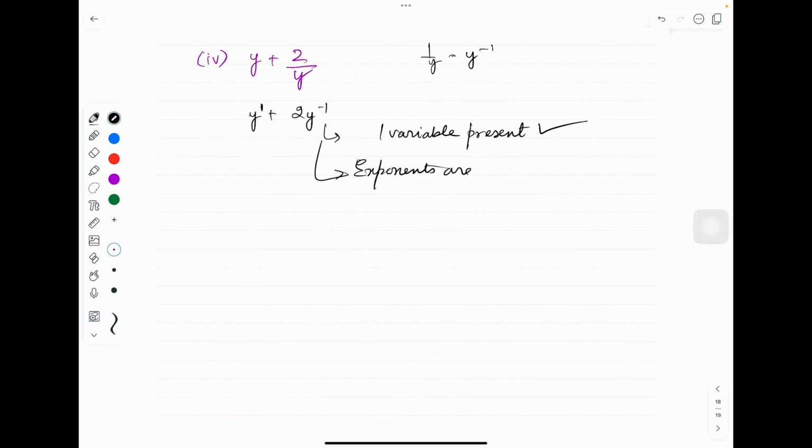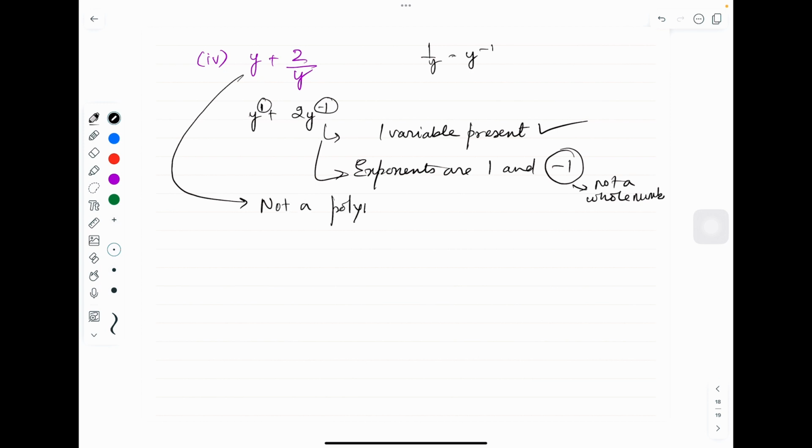Exponents are 1 and minus 1. Minus 1 is not a whole number. So this is not a polynomial in one variable. We have done 3-4 examples before in the theory section. Though, two conditions you have to match.